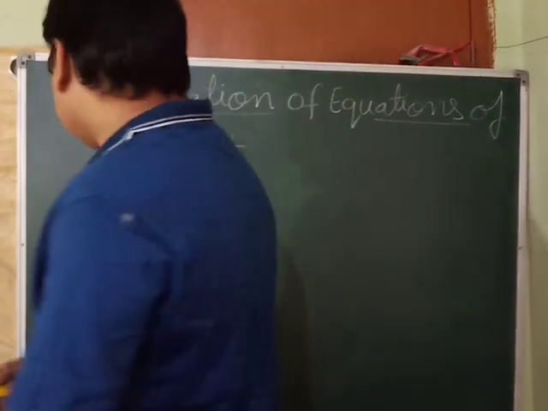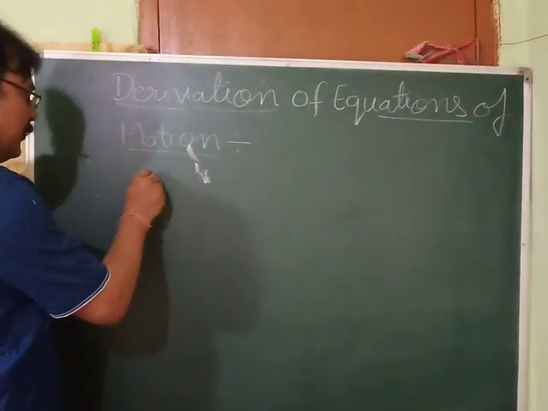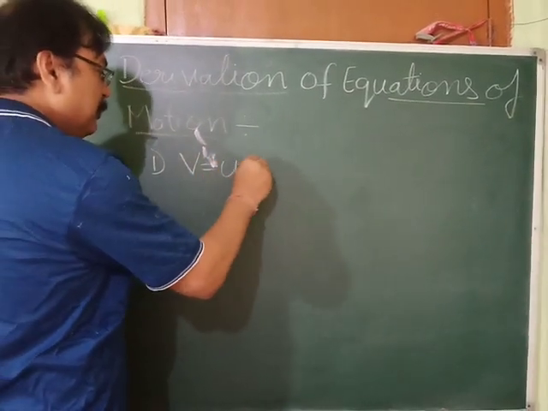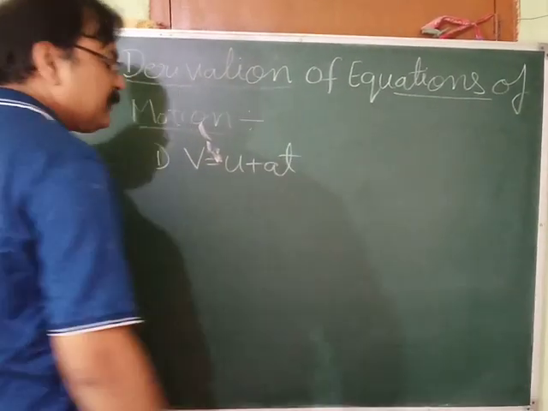There are three equations, let me tell you. First one is v is equal to u plus at. This is the first equation.